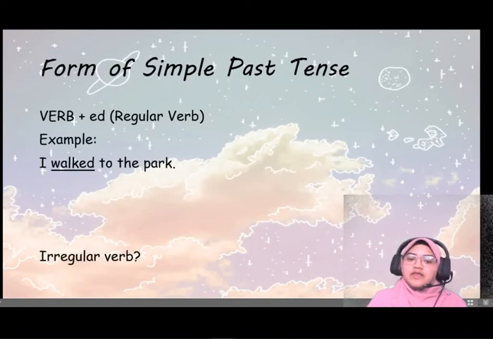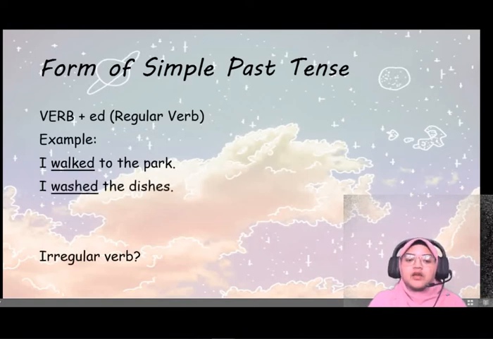So for this sentence, walk is the verb, and when you add ed, it becomes a sentence of a simple past tense. Next example, I washed the dishes. Just like the first sentence, you add ed for the regular verb.